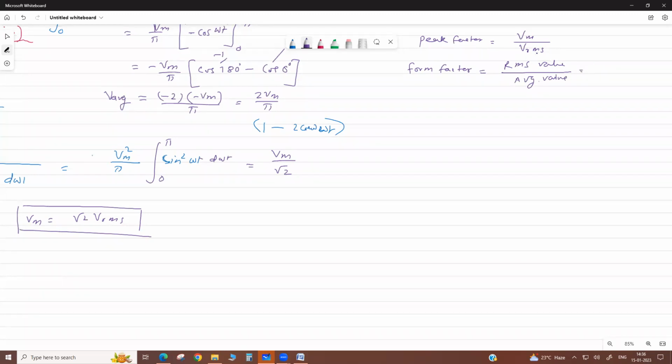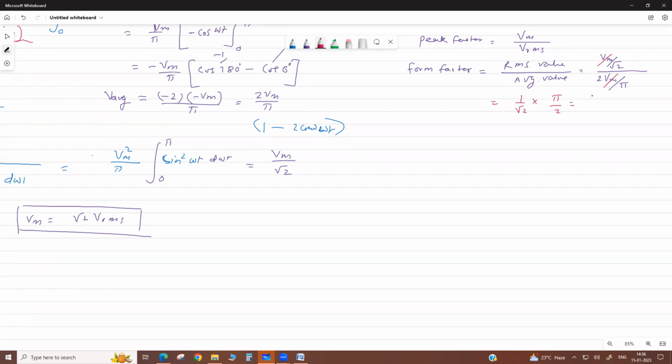Like here in the AC case, what is the RMS value? Vrms is Vm by root 2 and the average value is 2 Vm by pi, correct? If you solve this, Vm cancels out. Then we can say 1 by root 2 multiplied by pi by 2.